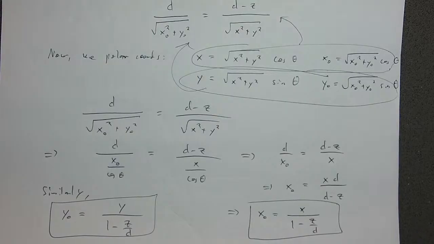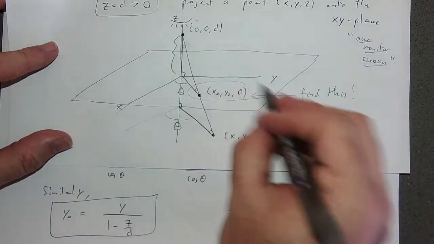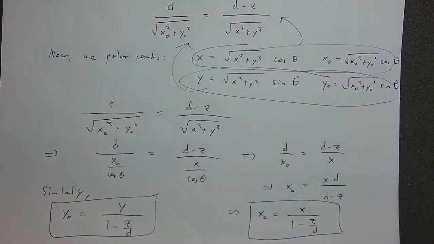And so, using this and what I actually wanted here, which was to find this point, I now know what that point is. So I can write it out here in terms of x and y.